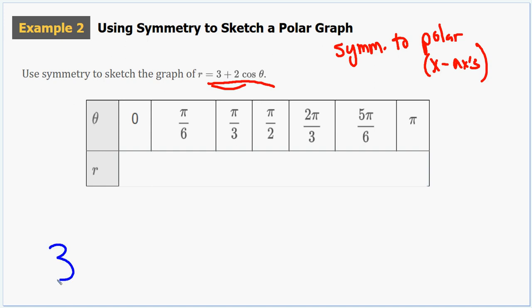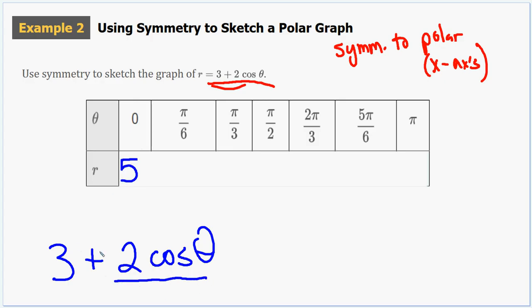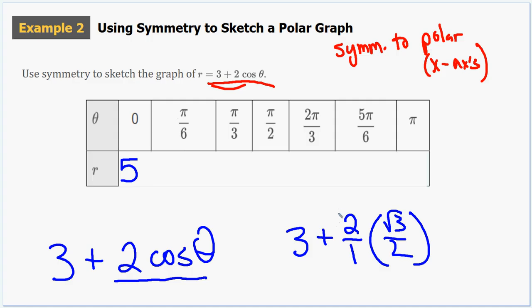We're going to plug our angles into 3 plus 2 times cos theta. The cos at 0 radians is 1, so that'll be 1 times 2, that's 2, plus 3 is 5. And let me write this again: 3 plus 2 times whatever our cos value is. If I plug in pi over 6, the cos value there is root 3 over 2, so the 2's cancel, and we get 3 plus root 3, which is about 4.7.